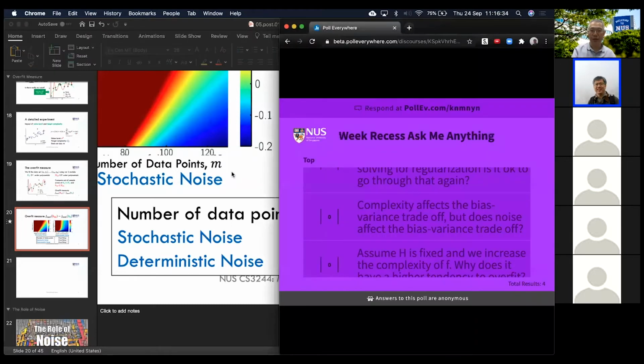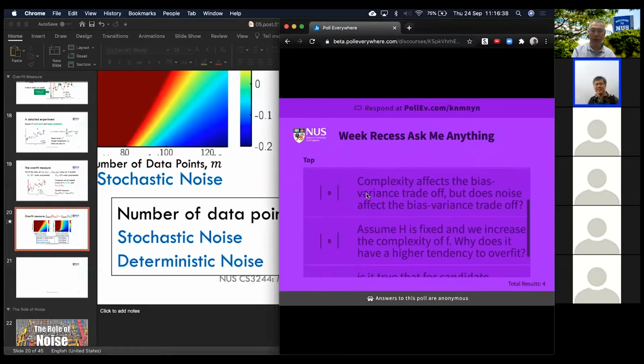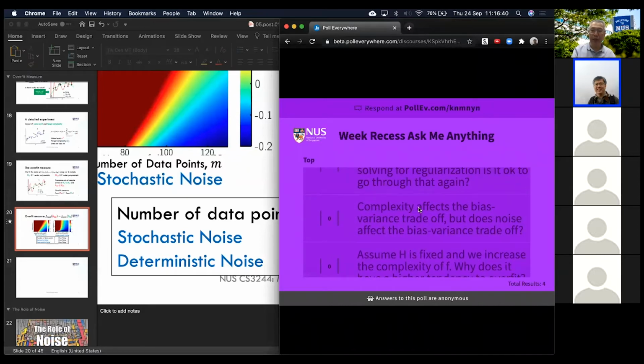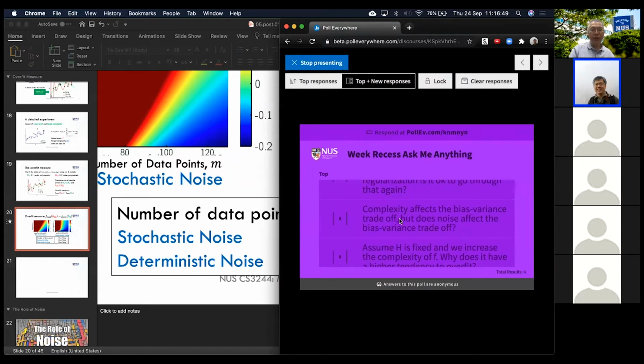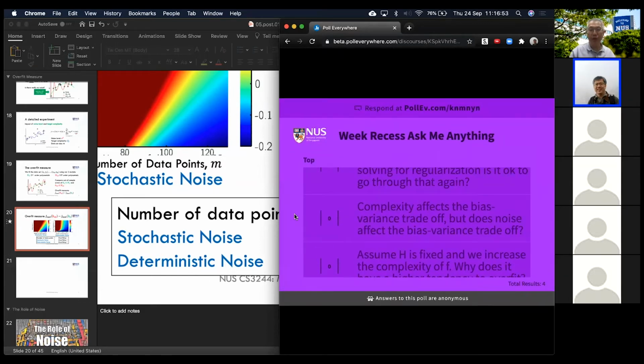Okay, so we answered this question. The next question is: complexity affects the bias variance trade-off, but does noise affect the bias variance trade-off? That's a really good question. I think if you're talking about stochastic noise, the answer is no. It affects everything equally.